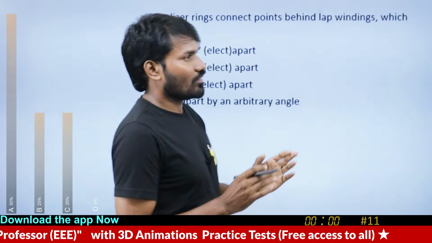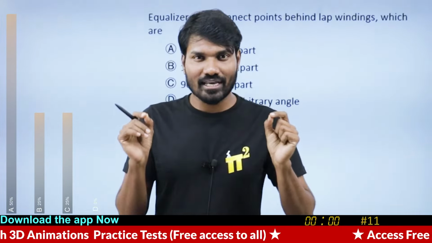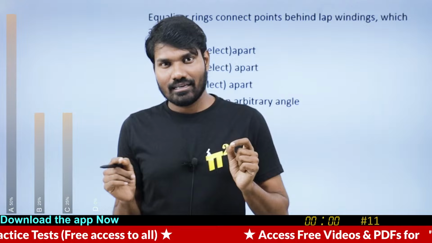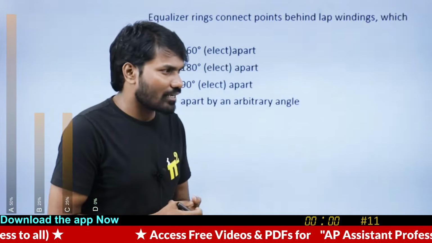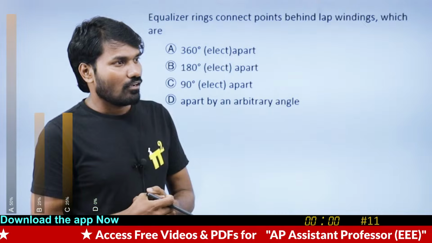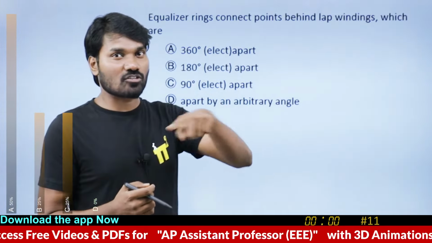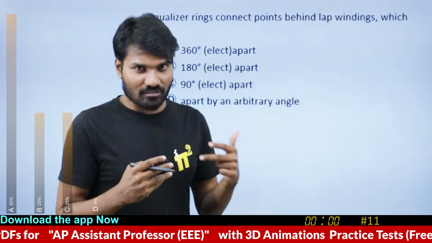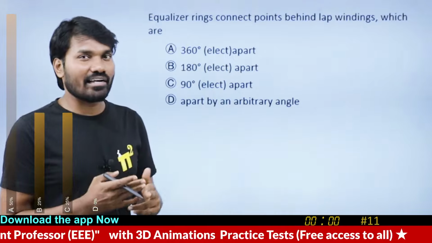Equalizer rings. The main concept of equalizer rings itself is to equalize the potentials and reduce the circulating currents, or not reduce the circulating current in that way, but not to overload the brushes because of the circulating current. That will be the right word. To equalize the voltages, not to overload the brushes due to these circulating currents.